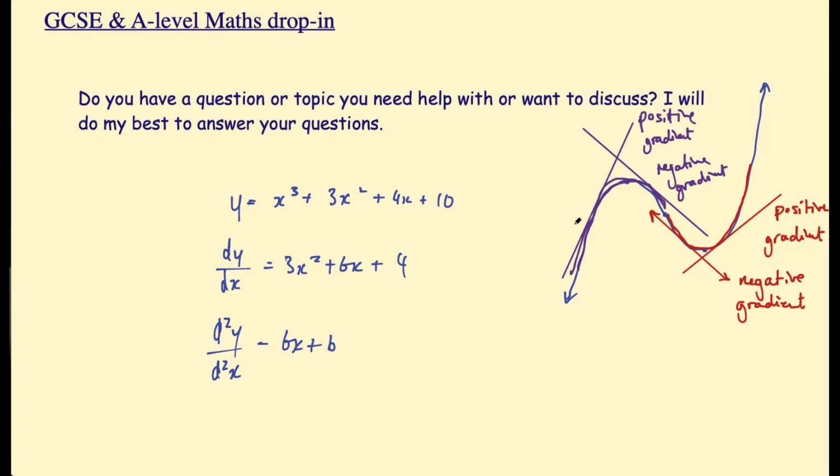So you can see that the slope of the tangent is becoming more negative. So that is the second derivative. If you use an x coordinate in here for that cubic, then you would get a negative value.